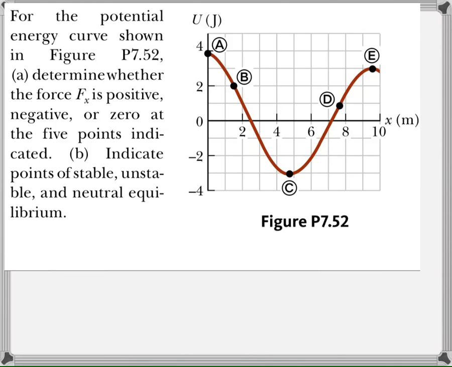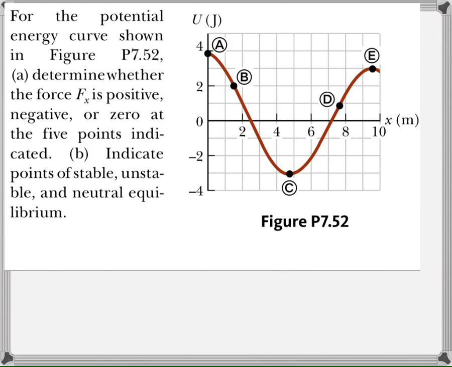Okay, so final example, this is an example from your textbook, Serway. The potential function is given. You are not given the analytic expression, the dependence of U on x, but you see only the graph.